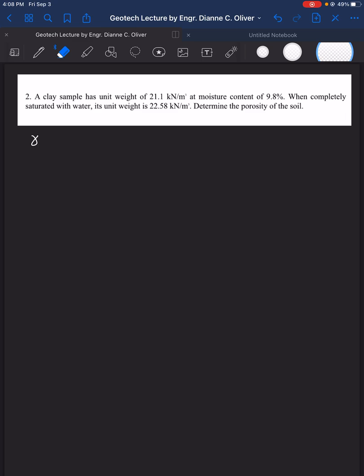It's talking about moisture content, therefore we're dealing with gamma moist. Gamma moist here is 21.1 kilonewton per cubic meter at a moisture content of 9.8%.